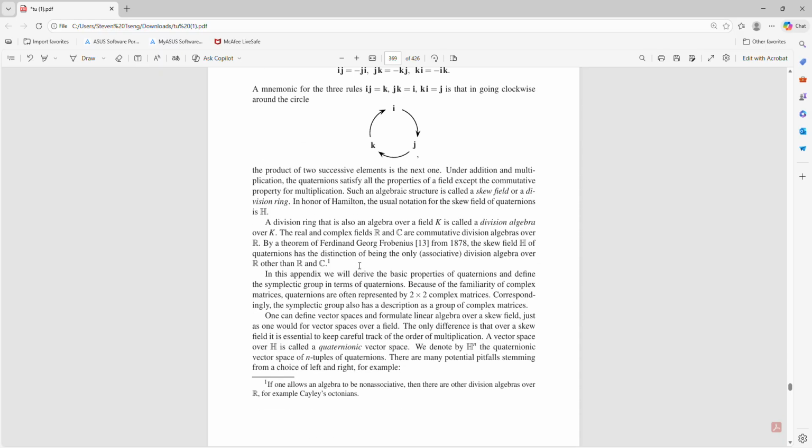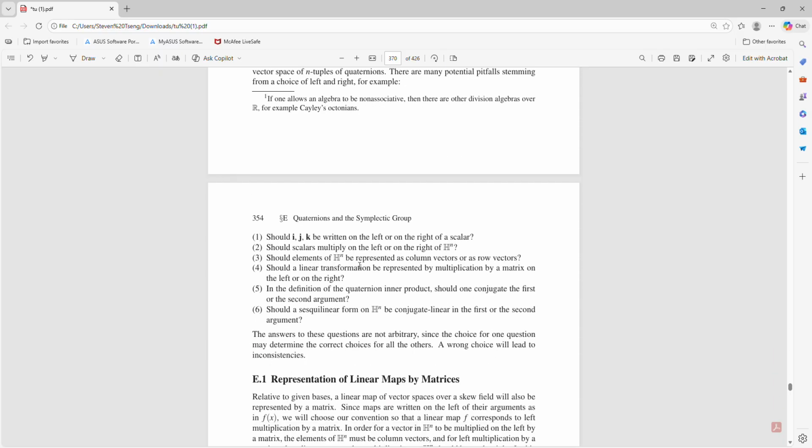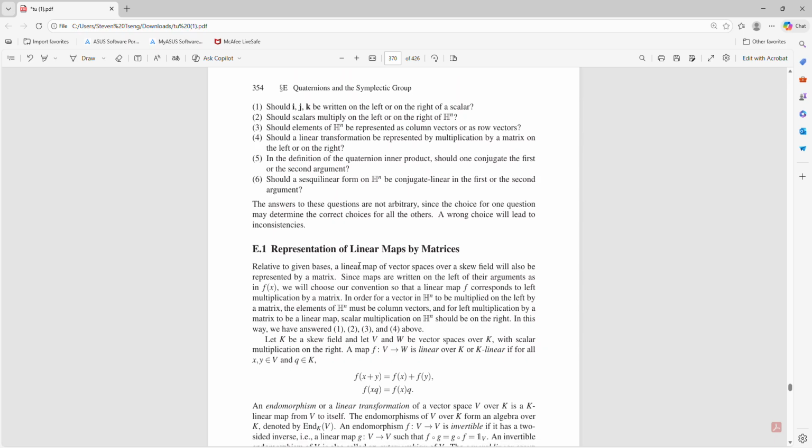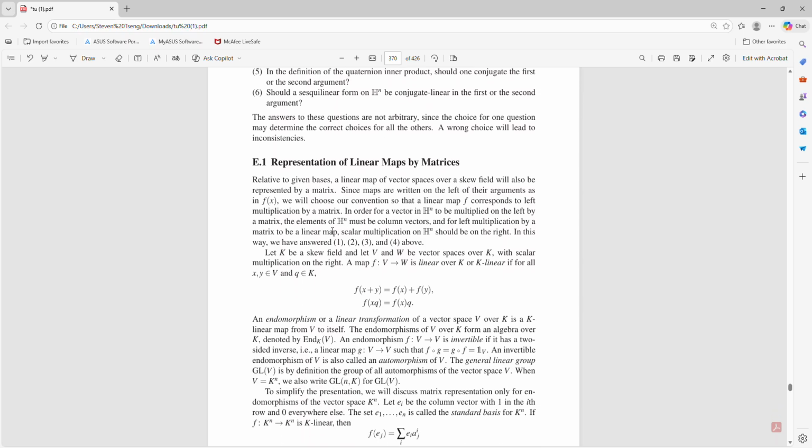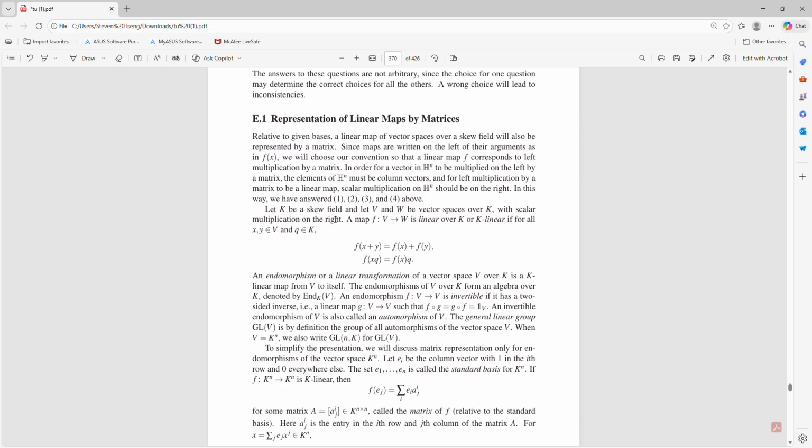Next we are going to talk about the linear maps between quaternions.